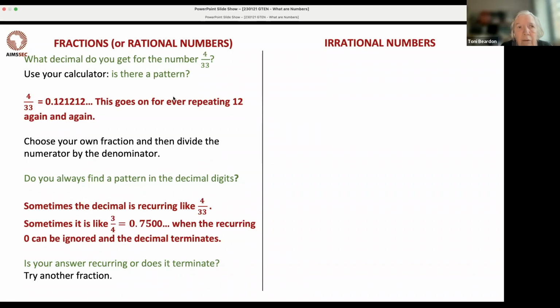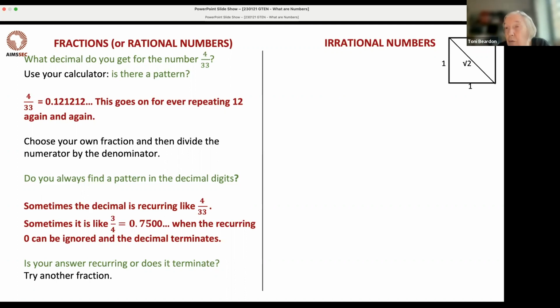So this is the difference between fractions, or rational numbers, and irrational numbers. You've been using irrational numbers, but they're not actually covered in everything we've said so far. We didn't say anything about irrational numbers, like the length of the diagonal of a square.